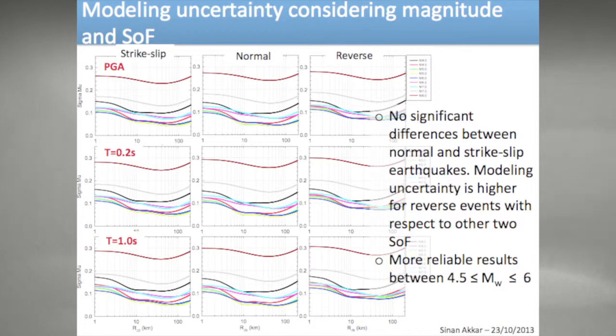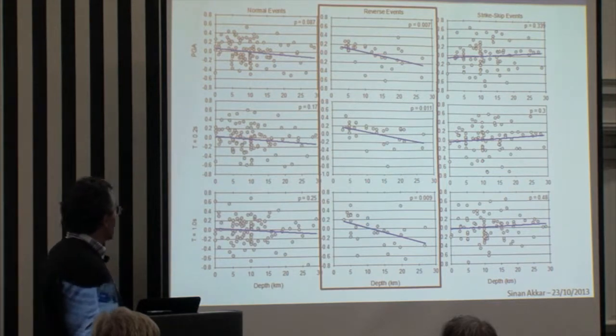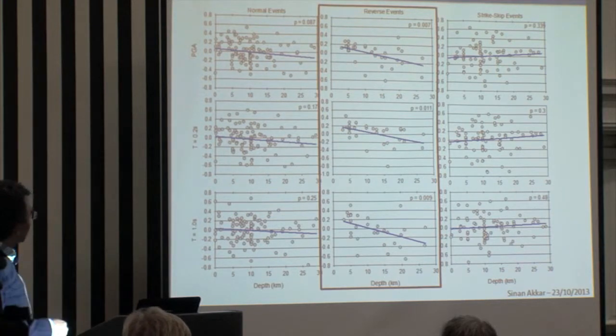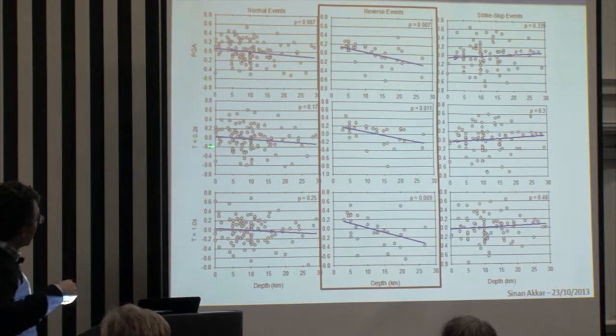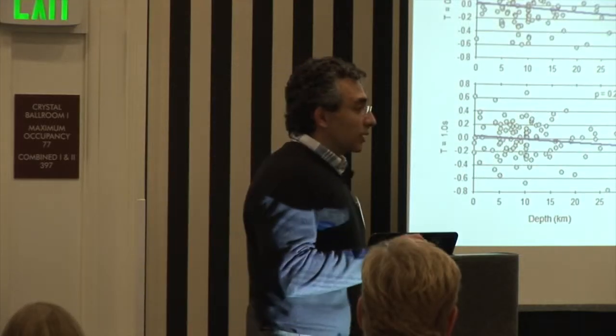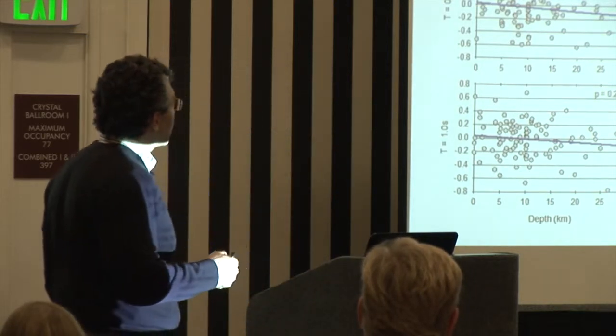Okay, so this is again the residual analysis that shows the depth dependence of our model. So the first column is normal, the second column is reverse, and the third column is strike slip. Again, PGA, 0.2 seconds and 1 second. And I'm showing the significance of the slope term here by simple p-value statistics.